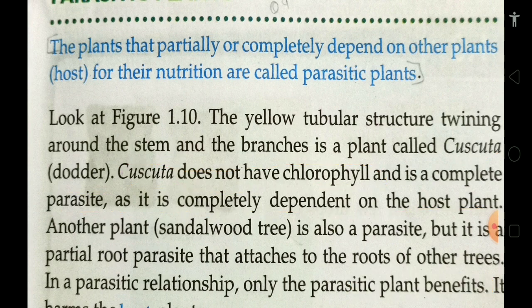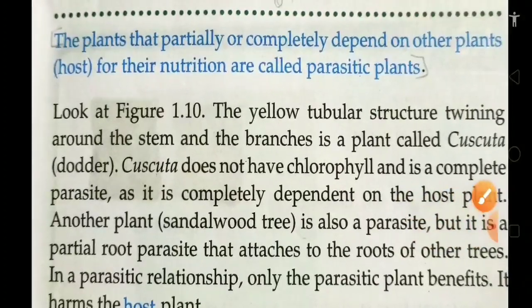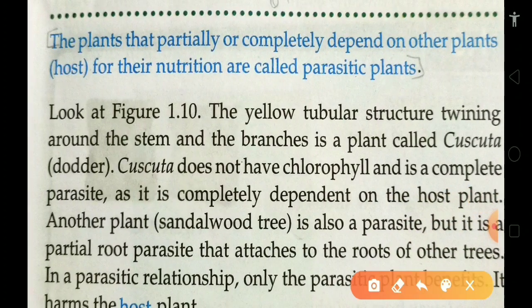Another example is the sandalwood tree roots, which are also parasites but partial parasites, getting only a little food or nutrients from the host plant.